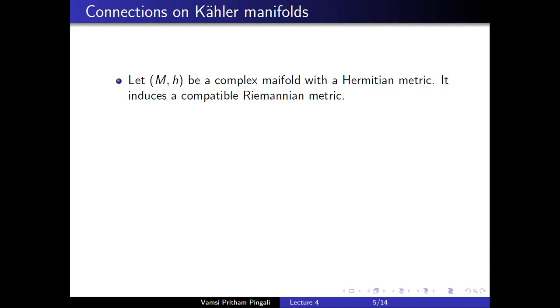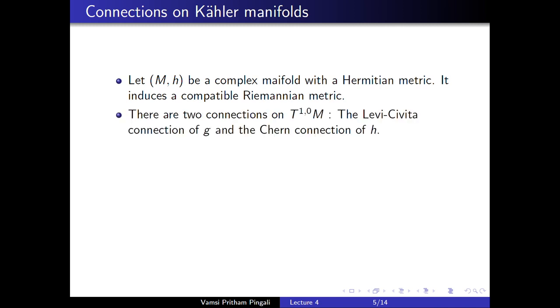Alright, so let's deal with connections, curvature, etc. on Kahler manifolds. So suppose you have a complex manifold with a Hermitian metric, not yet a Kahler metric. It induces a compatible Riemannian metric, we already know this. There are 2 connections on the holomorphic tangent bundle. One is the Chern connection of H, which we discussed the last time.